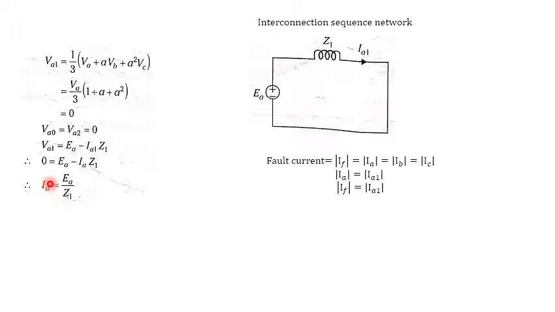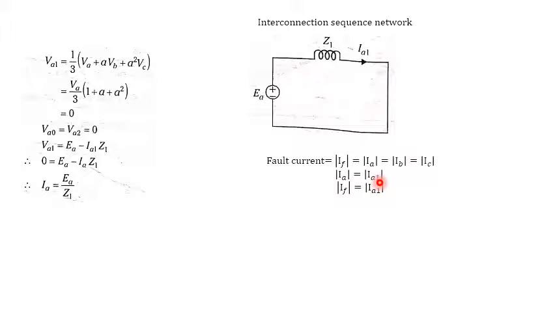We need to calculate the value of the fault current. The fault is across phases A, B and C. From equation 9, we already derived that the positive sequence component of the current is equal to the phase current.